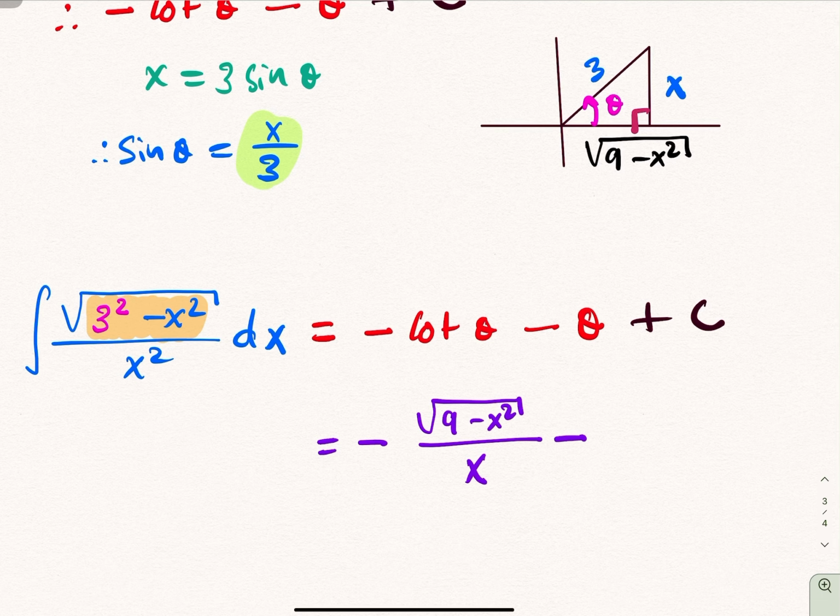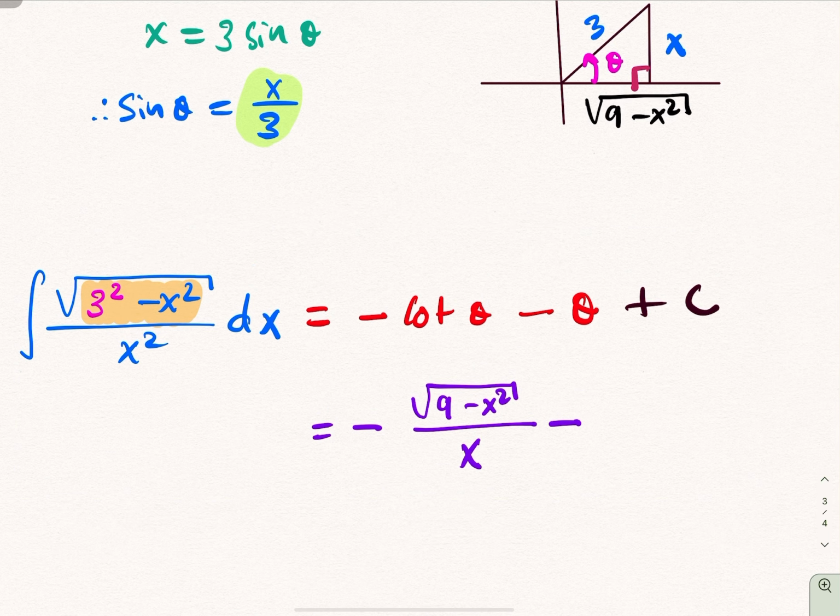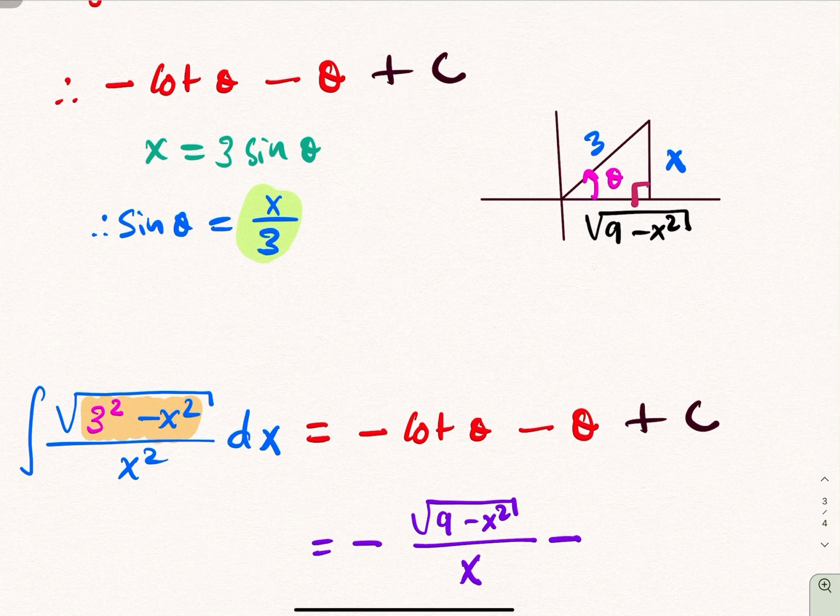How can you find theta? You can apply what you have learned in high school again here. If I want to find theta, this is going to be the inverse of sine, the arcsine of x over 3.